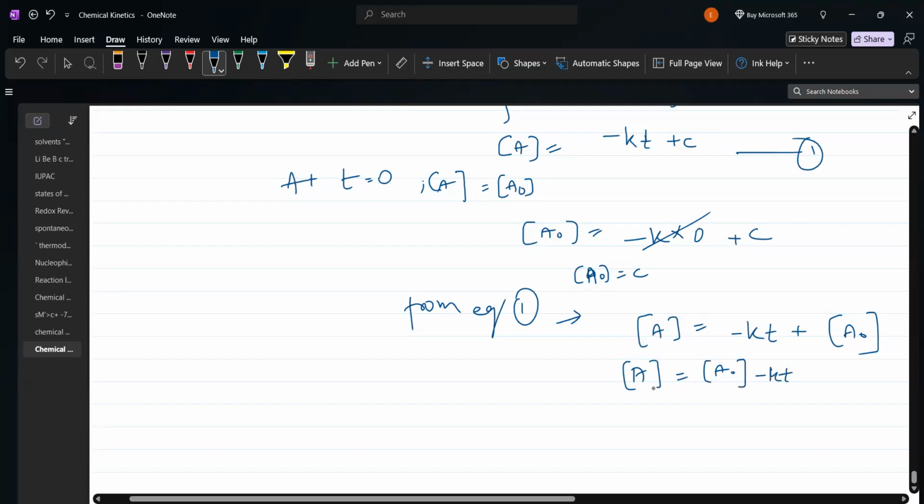A naught is the initial concentration, let me write it for you so that you always remember. What is K? You already know, rate constant. T is time from when the reaction started. A will be the remaining concentration of A.